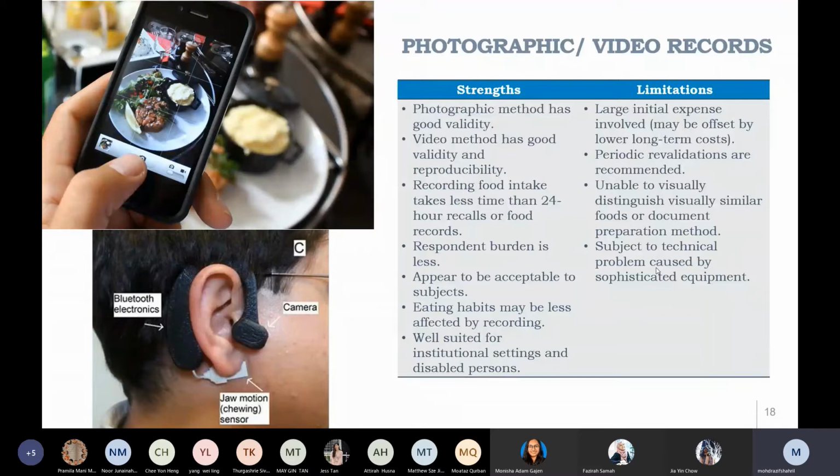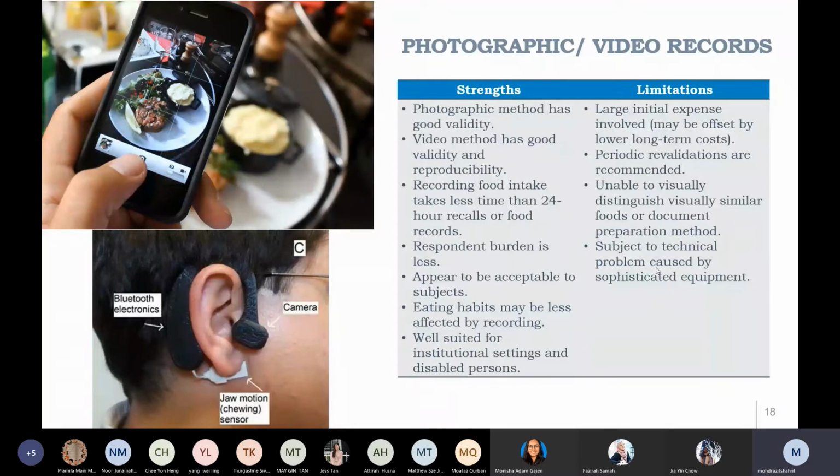So another limitation is being unable to visually distinguish visually similar foods or document preparation methods. Sometimes the video is not clear. So, like an example in the picture there, it's not very clear what the brown thingy is. It might be chicken, or it might be beef maybe.